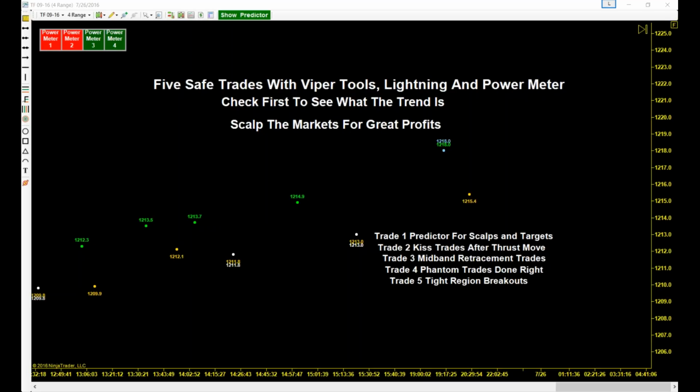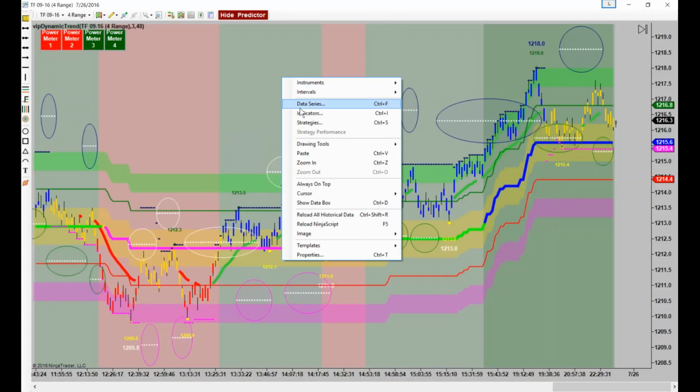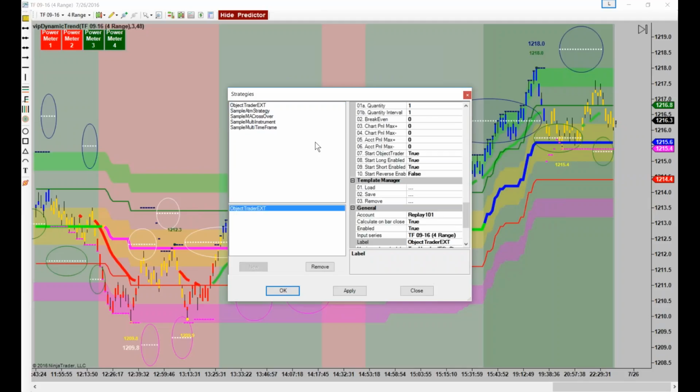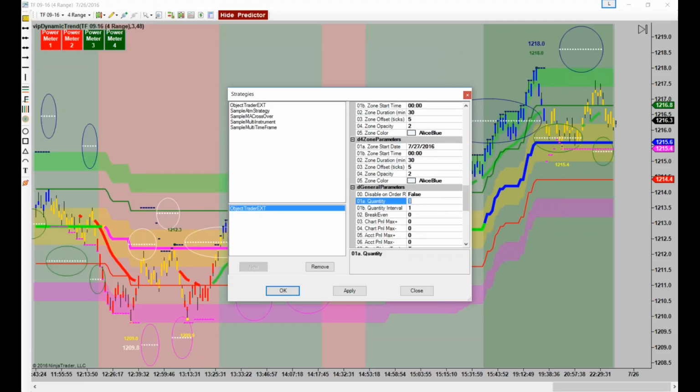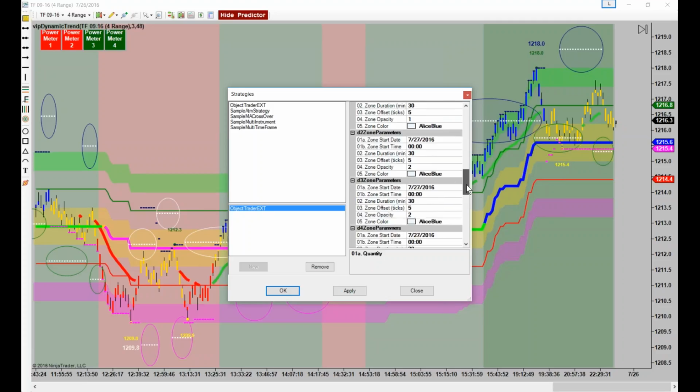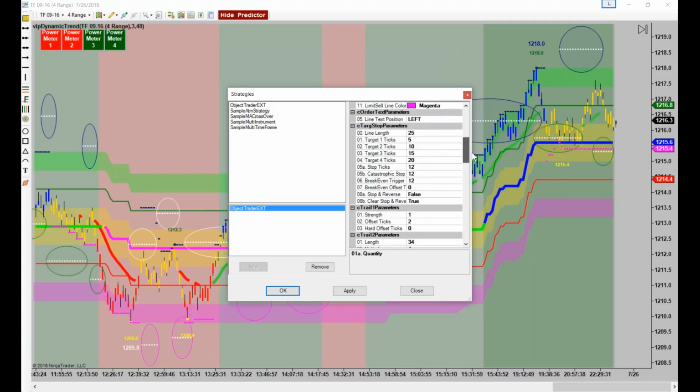And we're going to go with Object Trader. And to make it easy, I'm just going to go ahead and do 3 quantity. And we're going to simply go for 10 ticks.